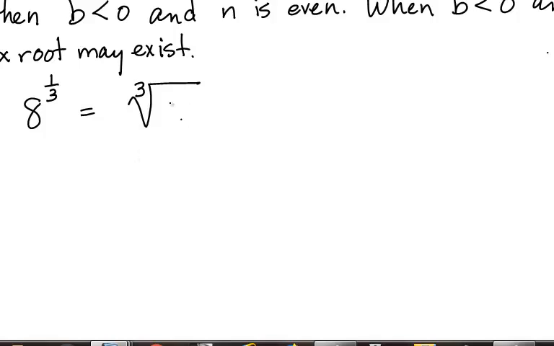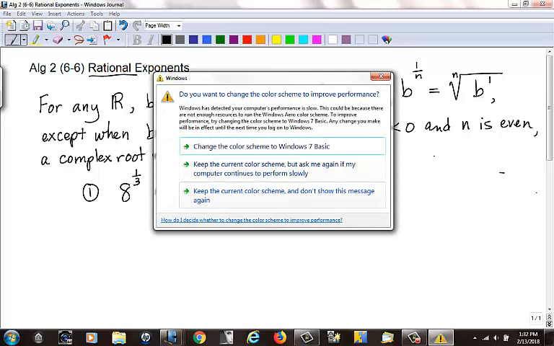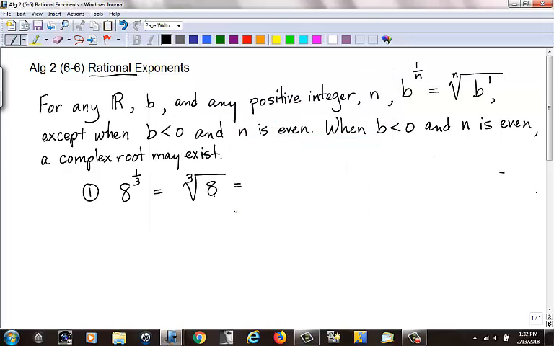So it's the cube root of 8, and it's actually the cube root of 8 to the first. You don't have to write that 1 down. I usually don't write it down. So you'd say cube root of 8. Cube root of 8 is, cube root, not cube, so you have to say what number times itself 3 times gives you 8. So 2.